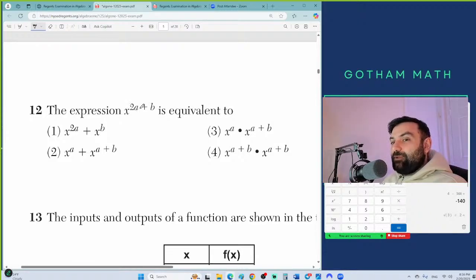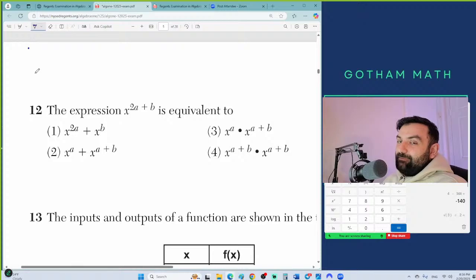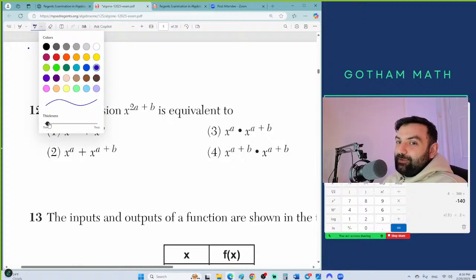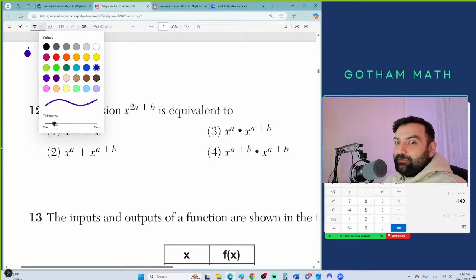I have x to the power something plus something. And this is a rule you need to know. Let me show you the rule, which will probably make you answer that question on your own. I'll answer, but it will make it easier in your mind.